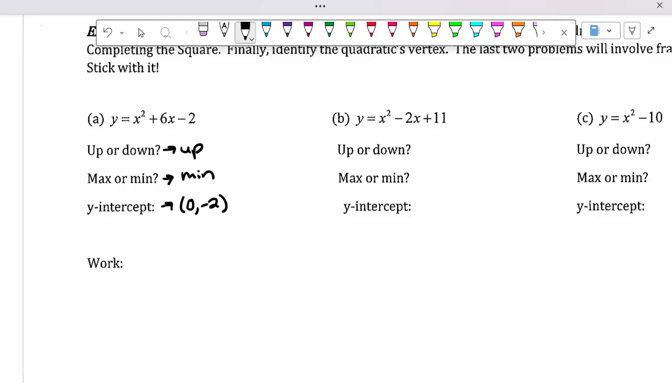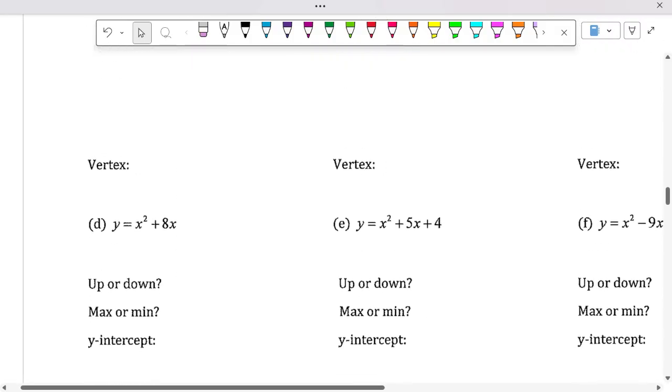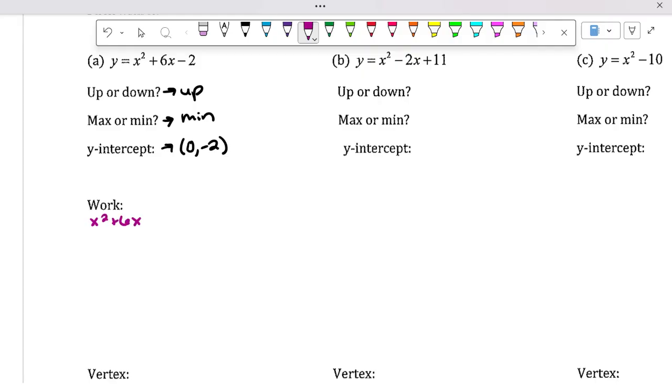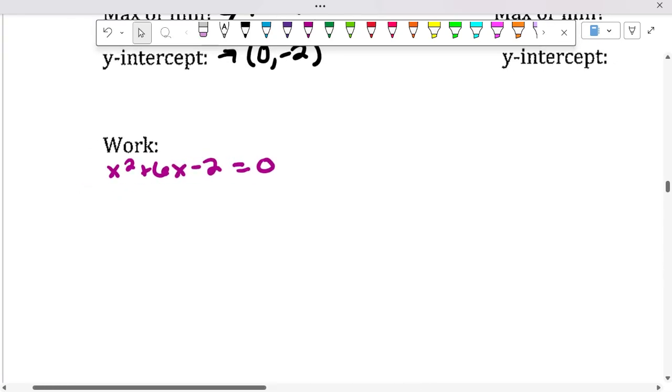Now, let's convert to vertex form so we can figure out what the vertex is. All right. So first things first, I'm going to set that entire trinomial equal to 0. What's my next step?